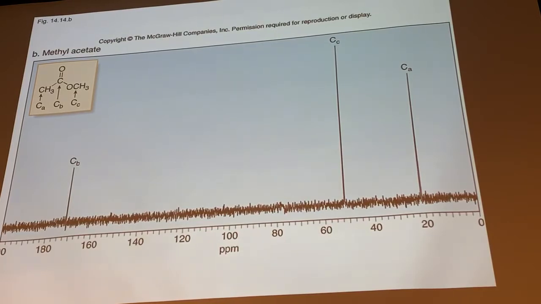And so when you're choosing between possible structures that have different symmetry elements present, simply counting the number of peaks in the C13 NMR can help you distinguish between those structures.